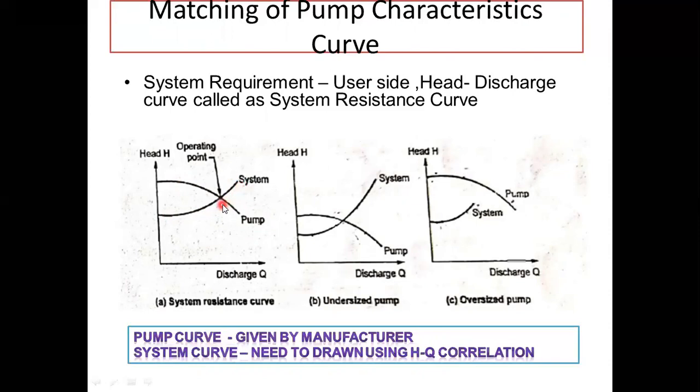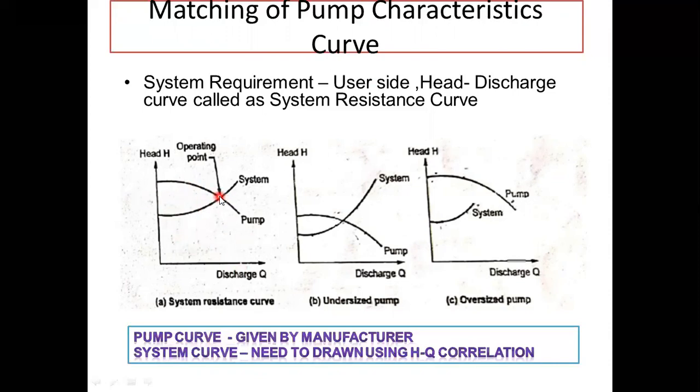Okay, the point where these two curves are matching or superimposed is called as the operating point, and this operating point should be on the higher side of the efficiency. Again, this point means at intersection point, the pump should cover the maximum area or maximum variation of head and discharge.